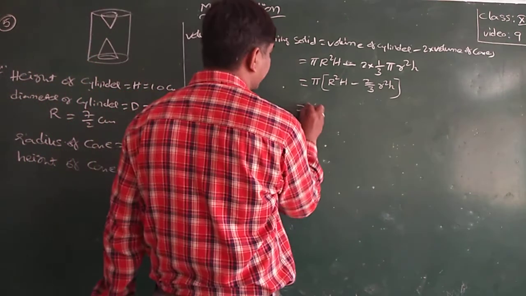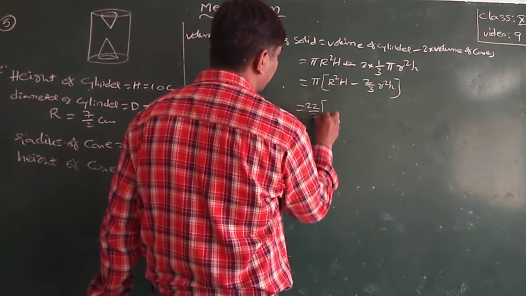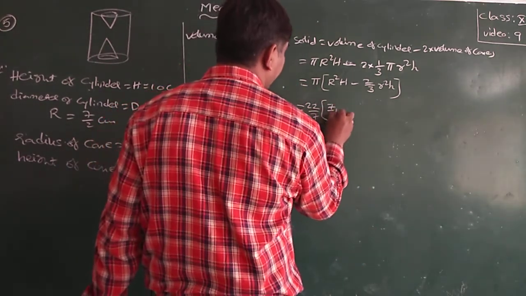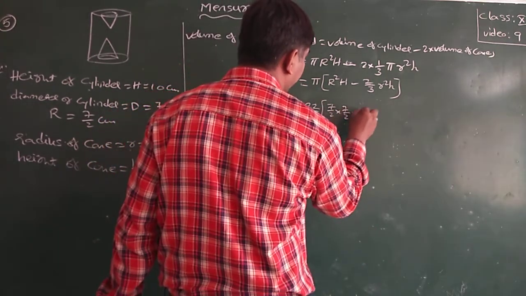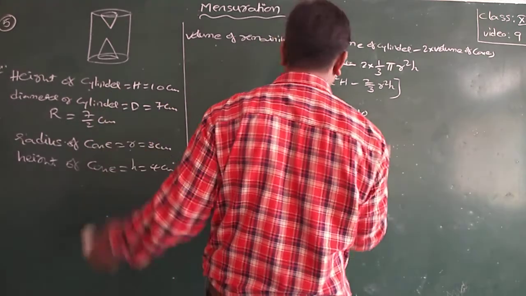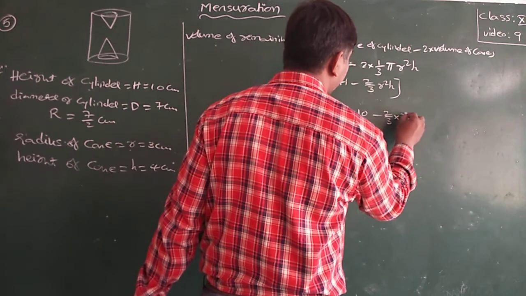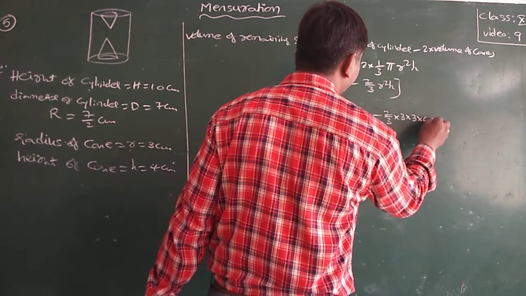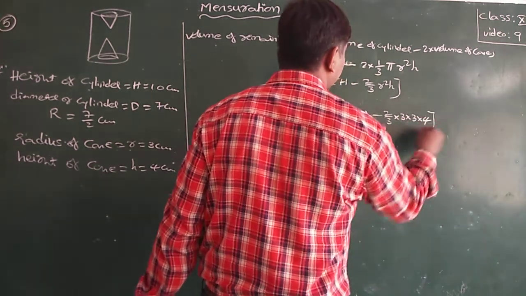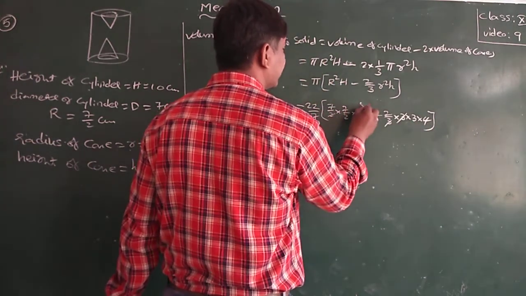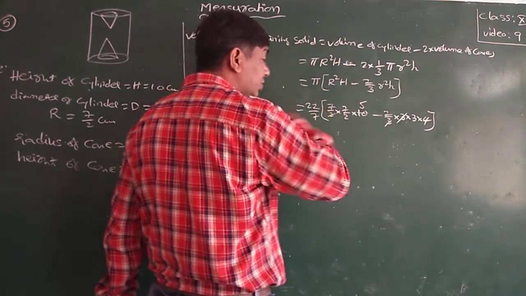So substitute: 22 by 7 into 7 by 2 into 7 by 2 into height 10, minus 2 by 3 into 3 into 3 into 4. 3 cancels, 2 ones, 2 fives you can cancel. Don't cancel these two because you took common.